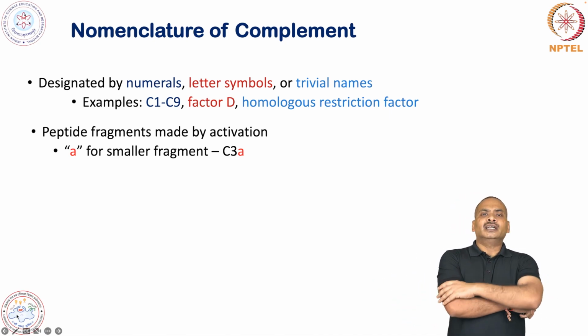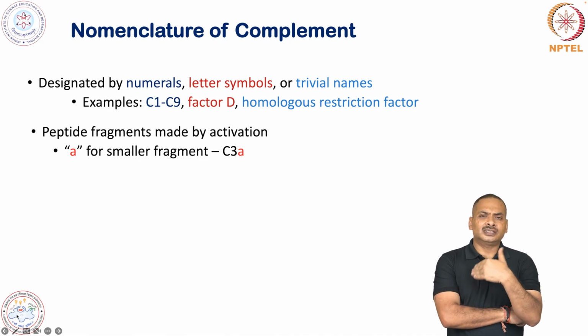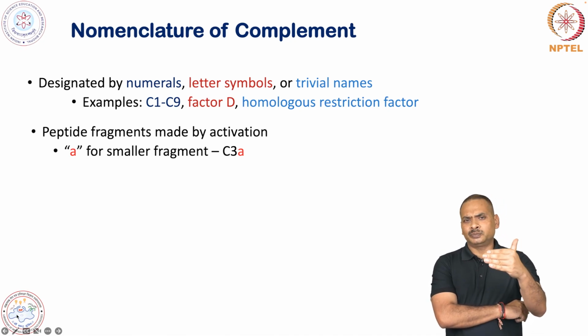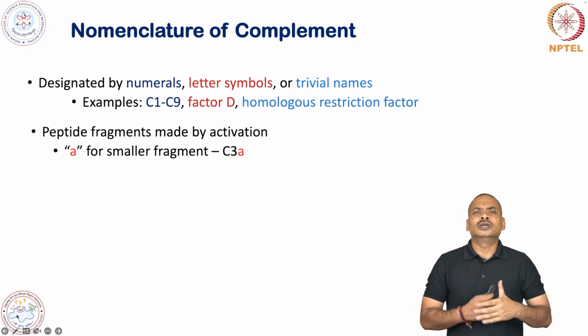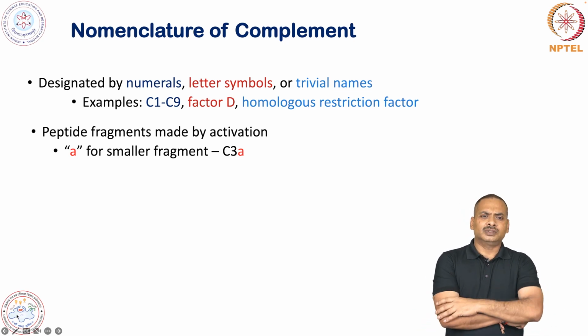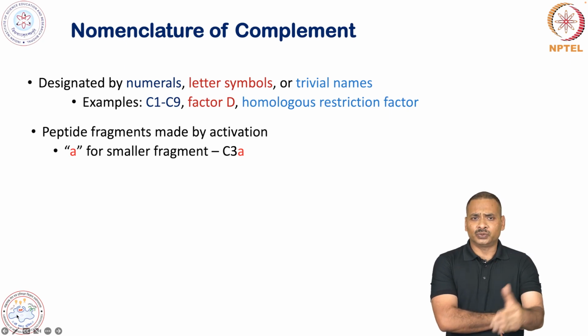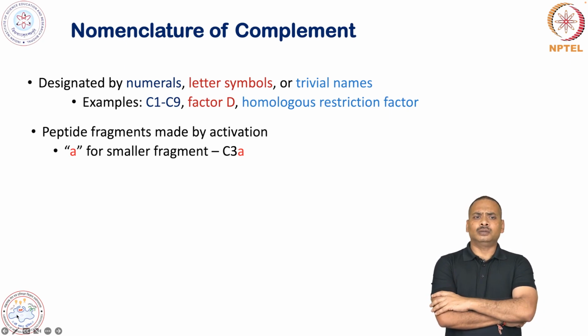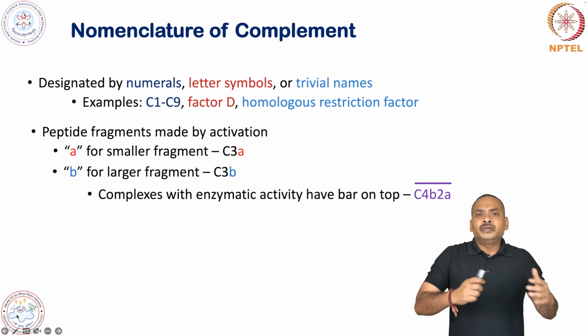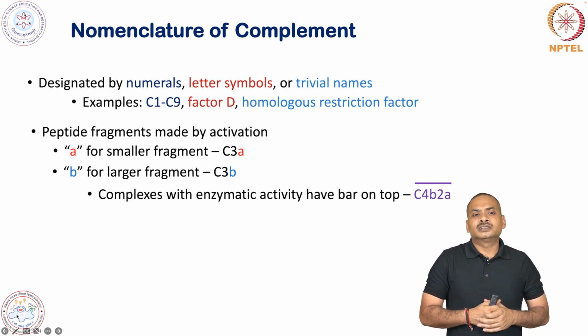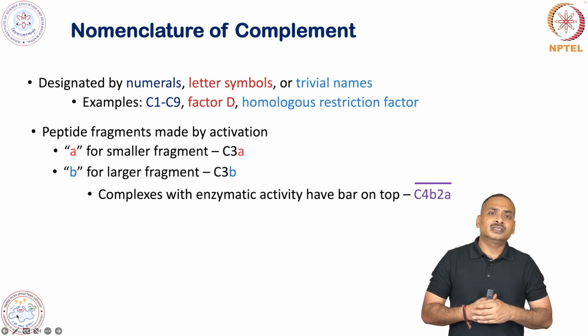Okay, and this naming is present in this whole complement system. You will see shortly when you see the activation pathway of complement. The B part is always the larger fragment in general.